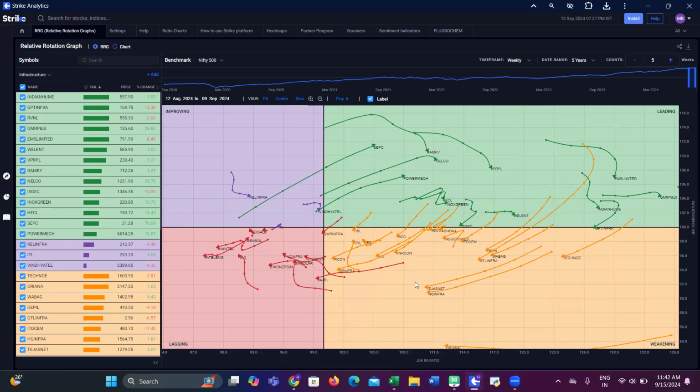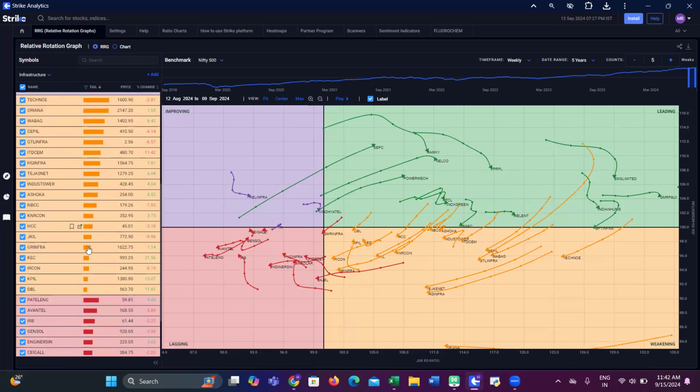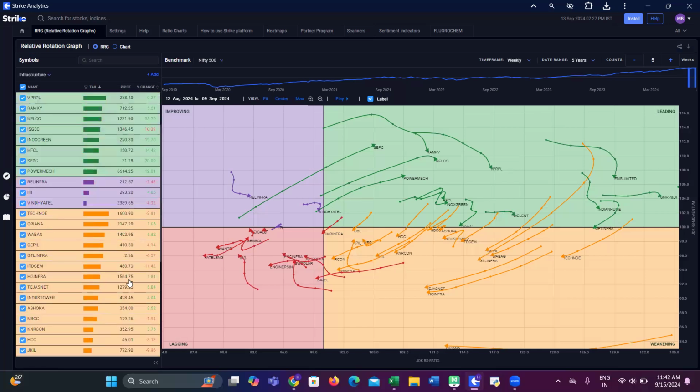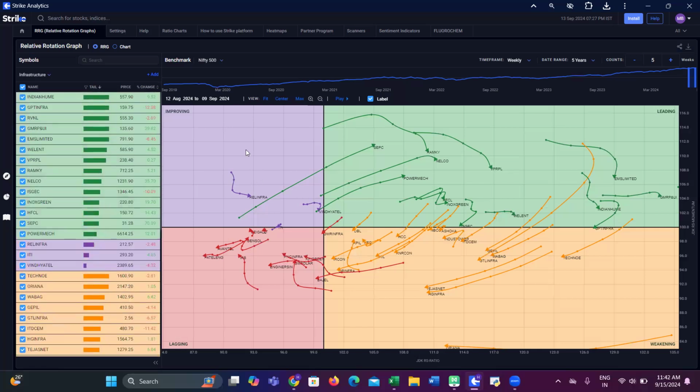Then you see some of them are into lagging, and some of them are having a good RS momentum, getting into improving, and very few are into improving. So you have major population in leading, weakening, and lagging. Very few are into improving. So this is something which you have to look at. This is the overall view of the infra sector.